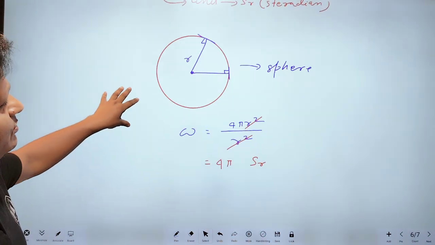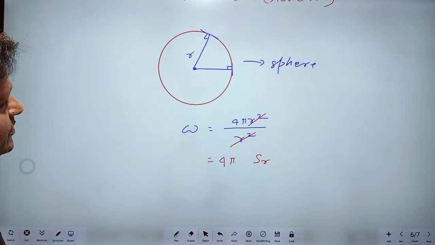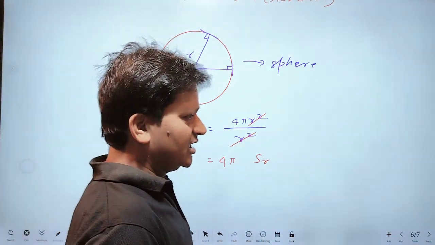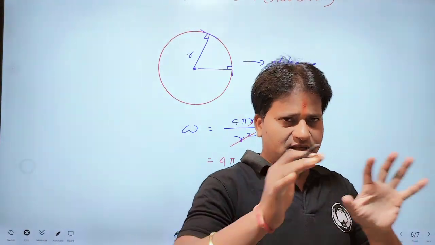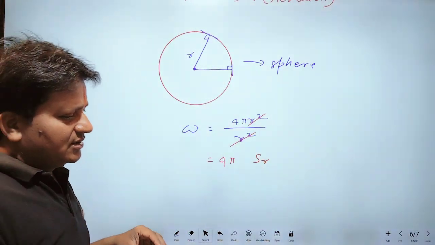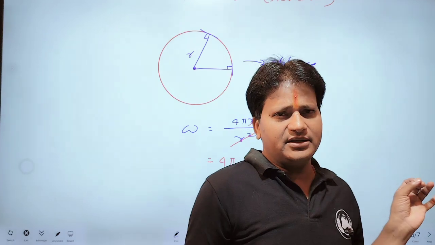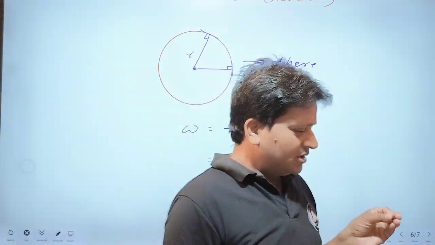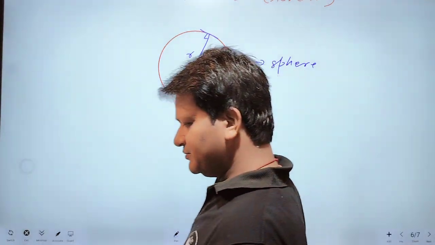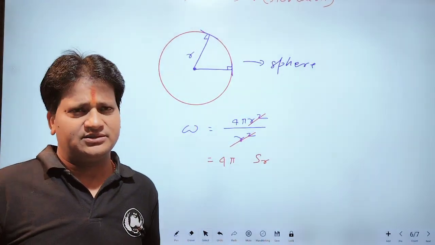What is the value of solid angle at the center of a sphere? A sphere is a three-dimensional surface. I have already taught you, solid angle is the angle made by a surface.